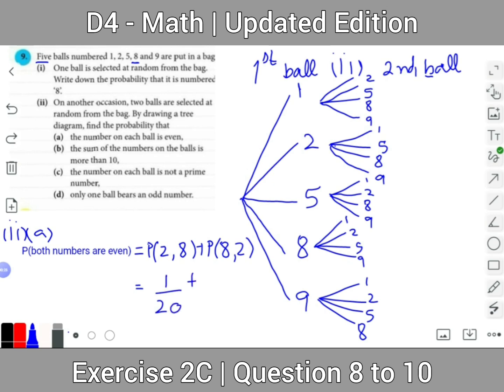Similarly for 8 and 2 we have 1 over 20, and after adding up we will get 2 over 20, and after simplifying we will get 1 over 10. So the probability that both numbers are even is equal to 1 over 10.